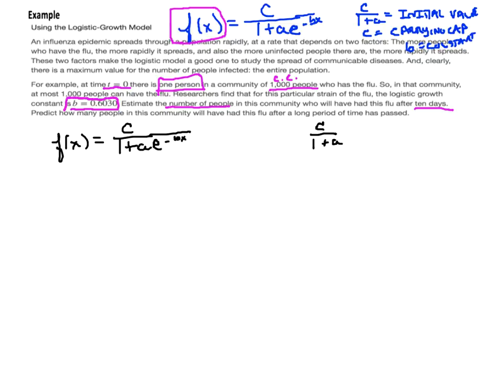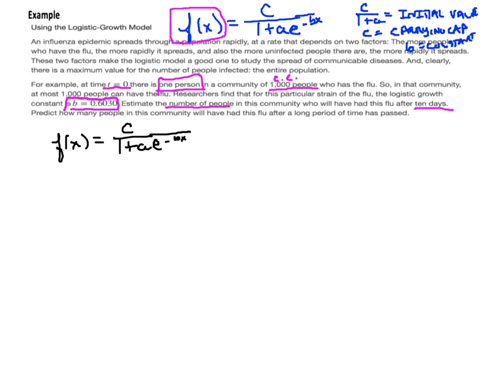Our initial population that we started out with was 1. So I need to solve here. Scratch this, we've got to solve for a.